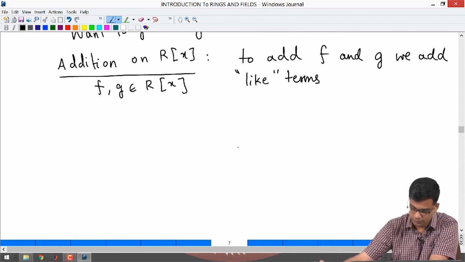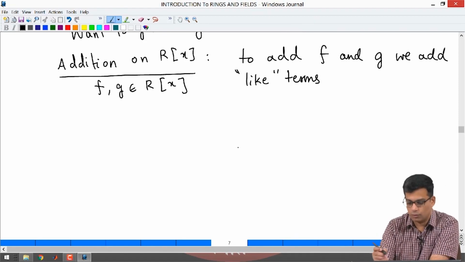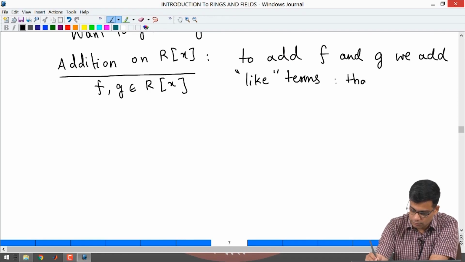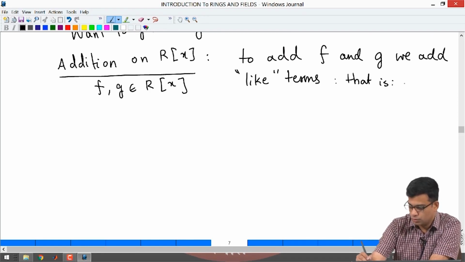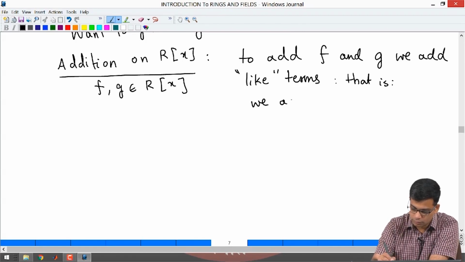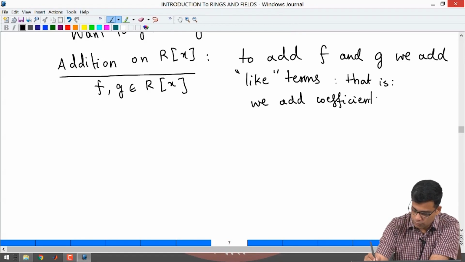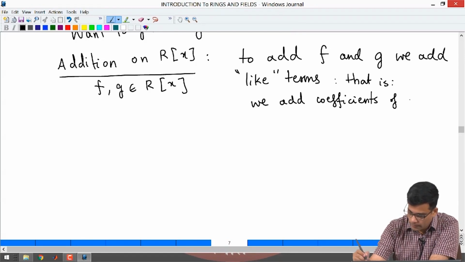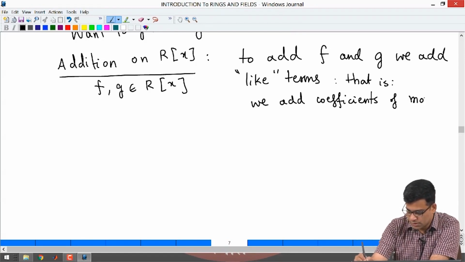So what does this mean? When I say like terms, we add coefficients of monomials of the same degree.